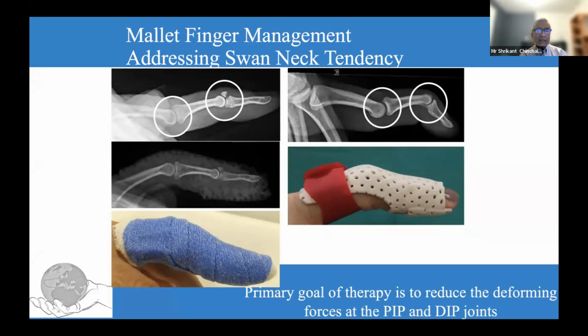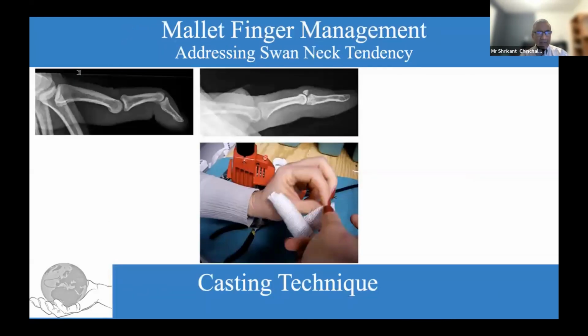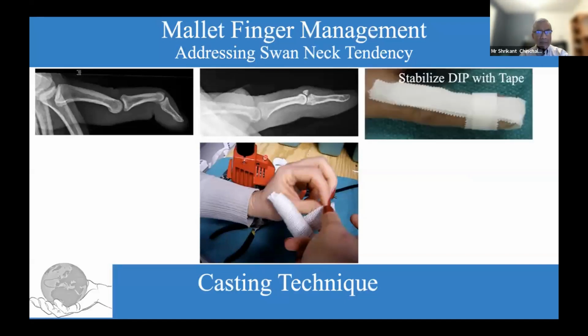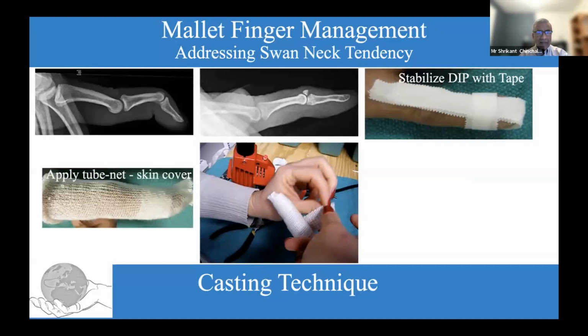It's based on the established goal that from the therapy point of view, we want to reduce the deforming forces at the PIP and DIP joint. So how do we treat these patients in our clinical setting now? Upon looking at these postures, we use adhesive tape, bringing the DIP joint into slight hyperextension, and then apply a tubing net over the skin to cover the finger.